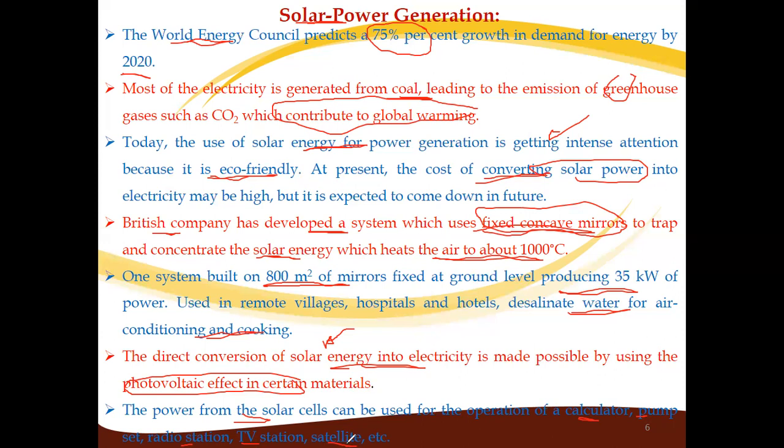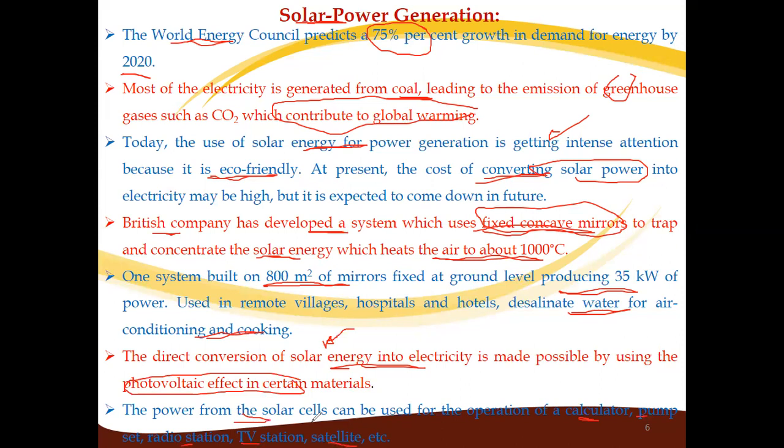At present, the cost of this power unit is very high, and that can be reduced in future. So this is how we can convert solar energy into power, that is electrical energy or electricity.